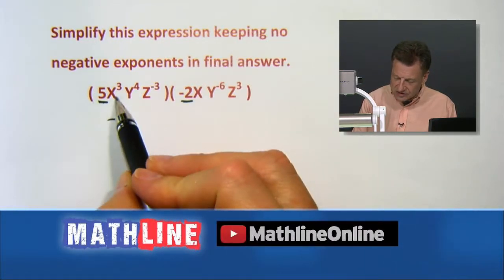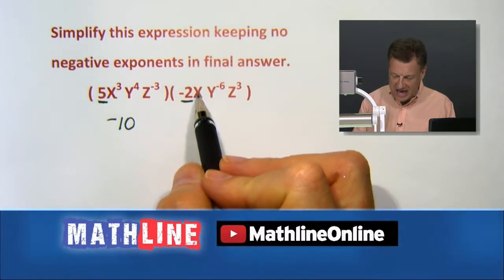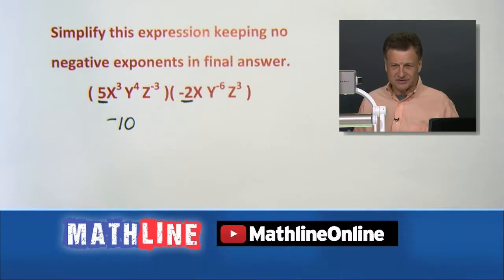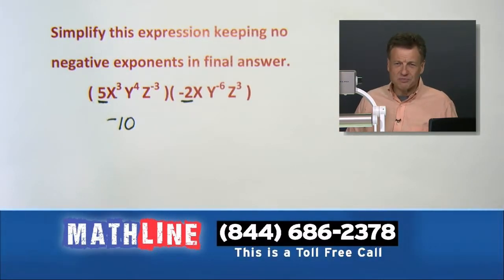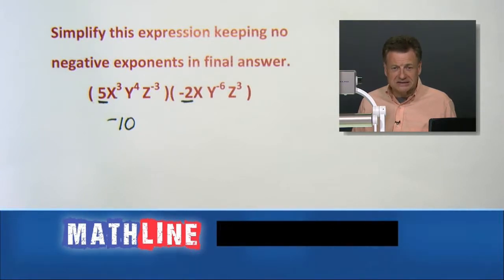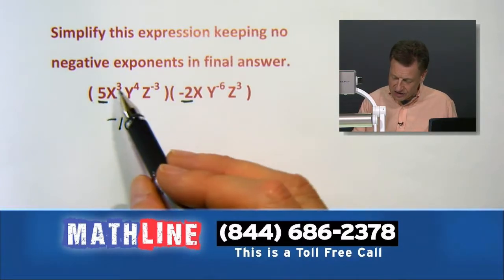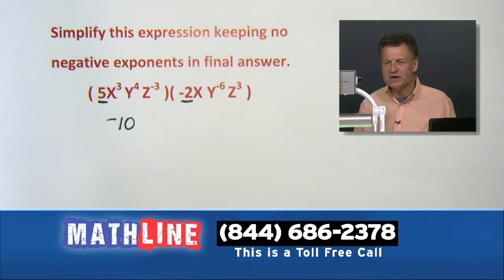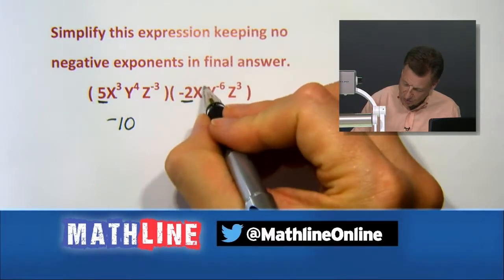Now we've got x to the third and an x. The question is, are we going to multiply 3 times 1, or do we say 3 plus 1? Some of you are asking where's the 1? I'll put a 1 there for you.